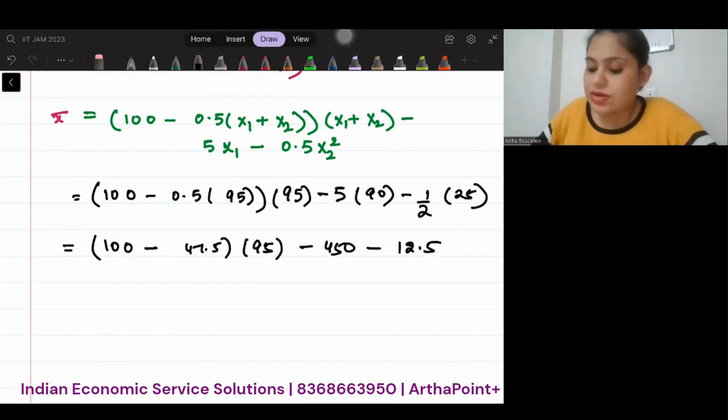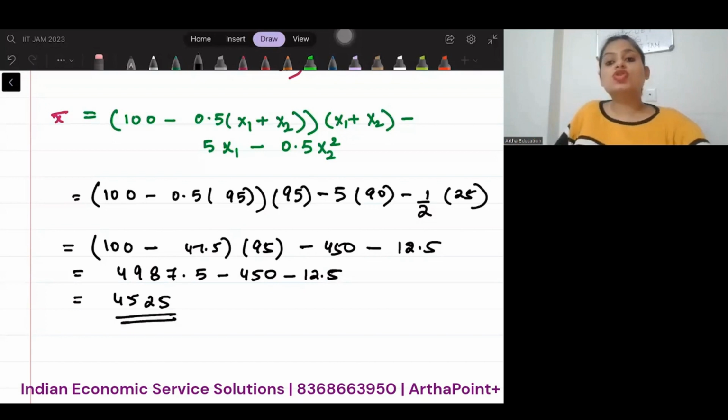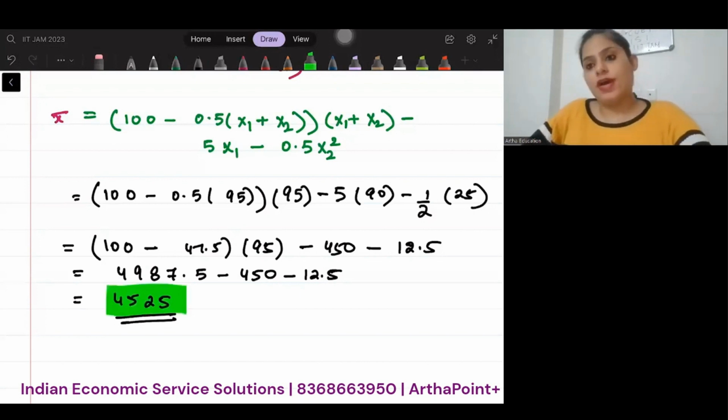So you will get 100 minus 47.5 is 52.5, into 95 is 4987.5, minus 450, minus 12.5. This is giving you 4525. So the joint profit of this firm, when the two firms are acting together, is going to be 4525.